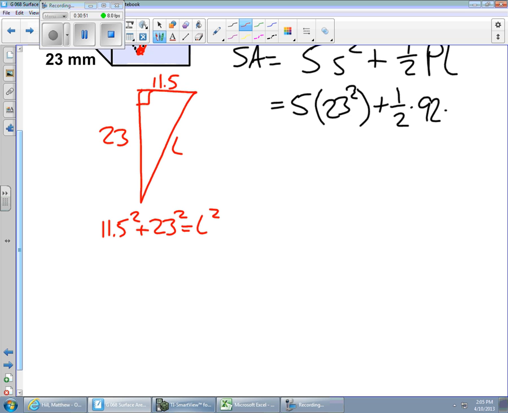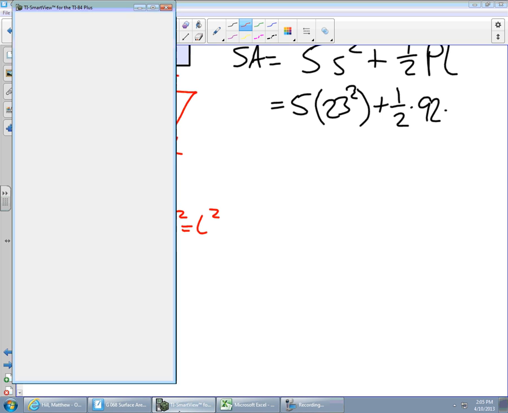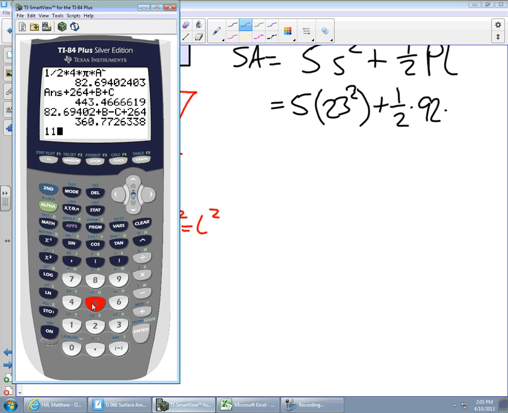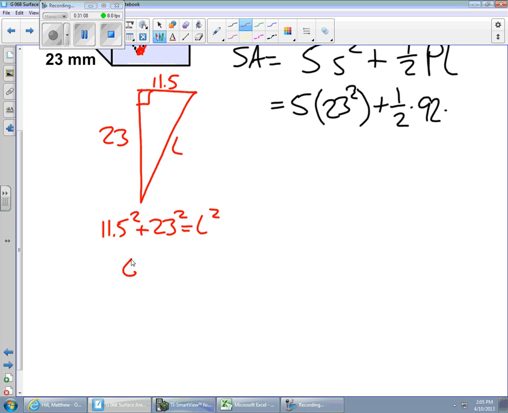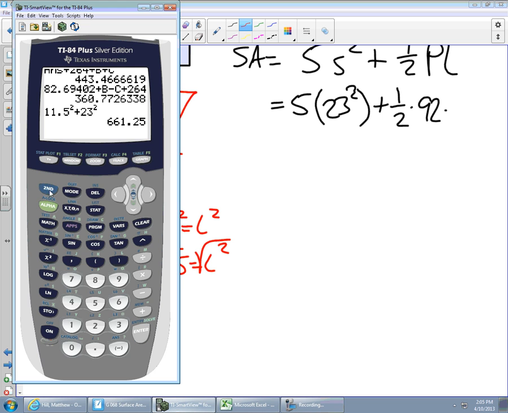No idea what these values are. Well, I know what 23 squared is, but I do not know 11.5 squared. But this is easily found out. 11.5 squared plus 23 squared is 661.25. If we take the square root of both sides, we'll find out what our lateral height is. So I'm going to go square root of the answer.